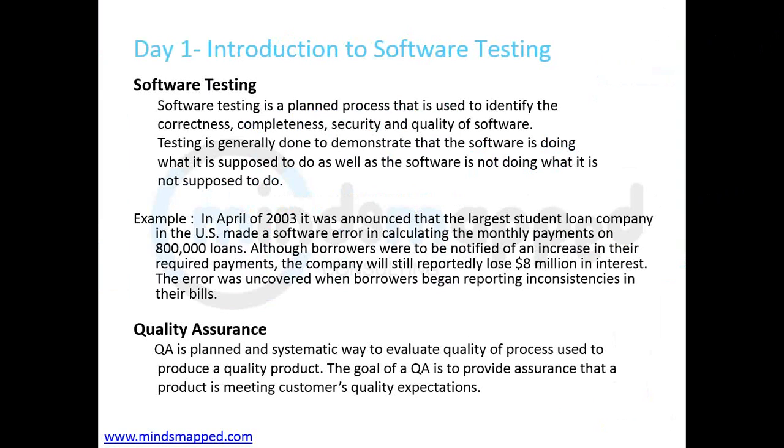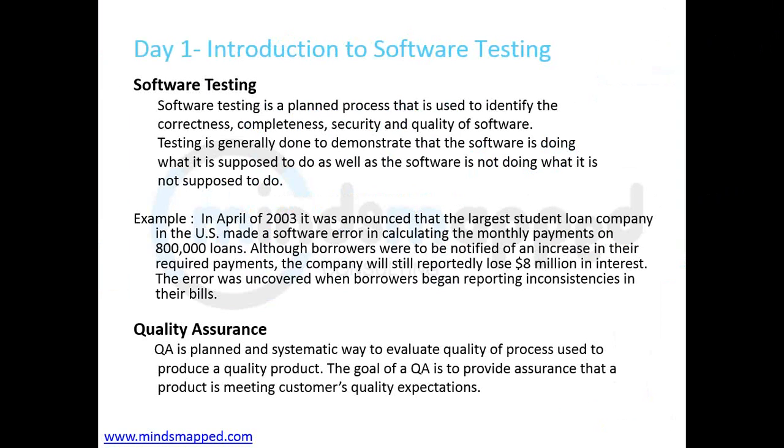Software testing is nothing but the process of identifying the completeness, correctness, quality, and security of applications or software. Completeness means all the requirements specified by the customer are fulfilled. Correctness means the functionality the customer is looking for is as per the requirements and is working fine.